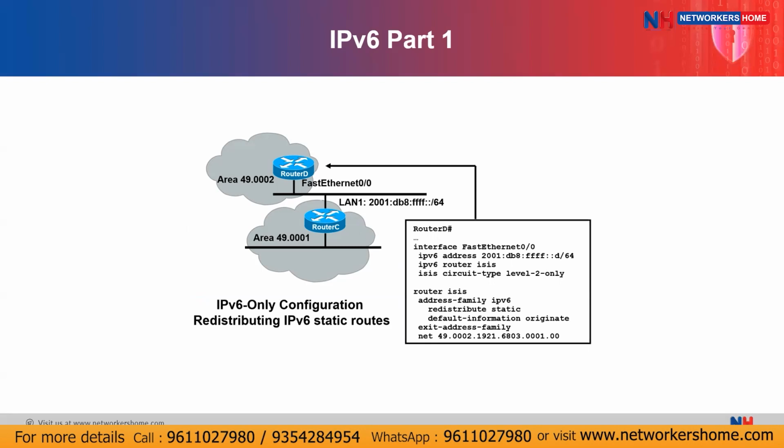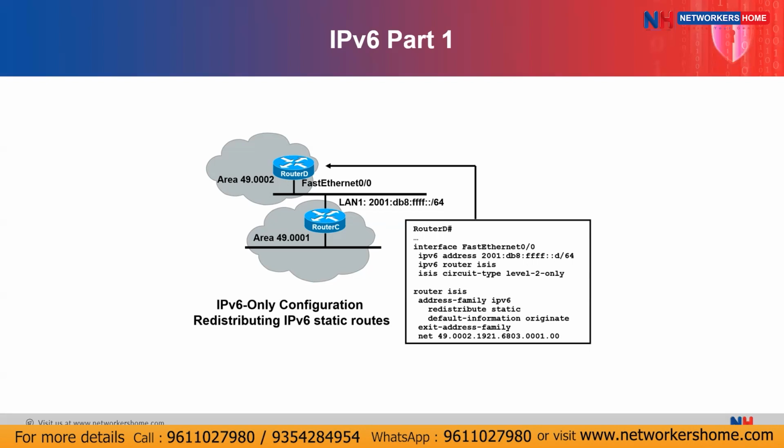If we want to decide level information under interface configuration mode, the command is isis circuit-type. Otherwise, is-type under router configuration mode. Here you can see router IS-IS, address family IPv6, redistribute static, default information originate, and then this is the NET, network entity title.